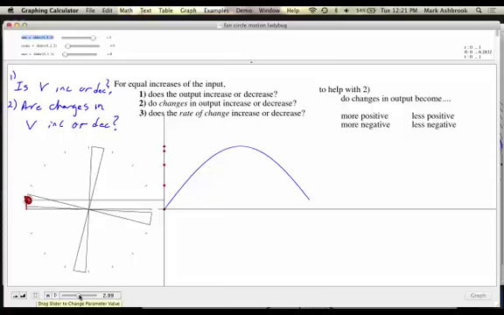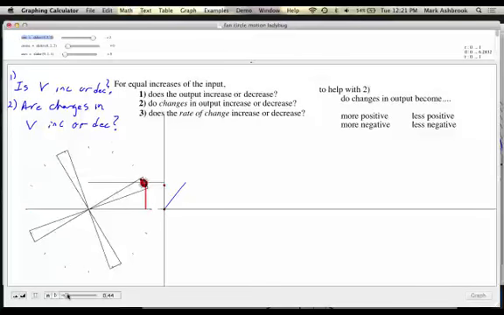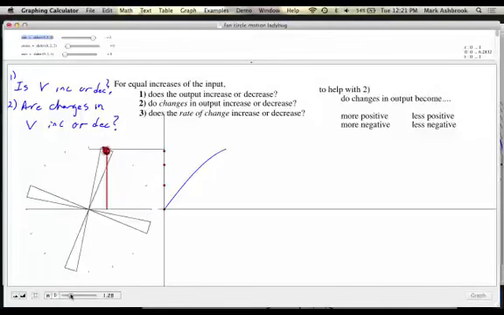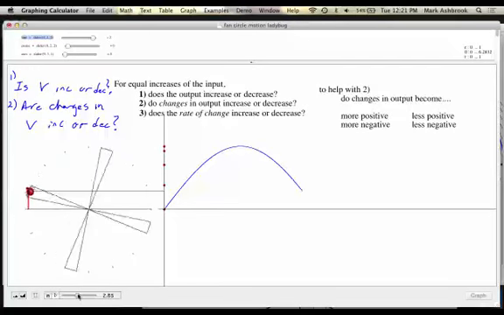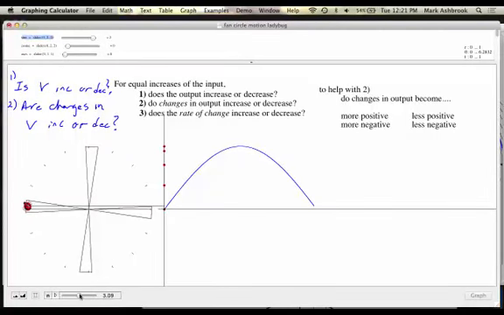No, the changes in the first quadrant are getting less positive, and then in the second quadrant, the changes get more negative. So all of that is decreasing changes, or decreasing rate of change. Does that answer it?